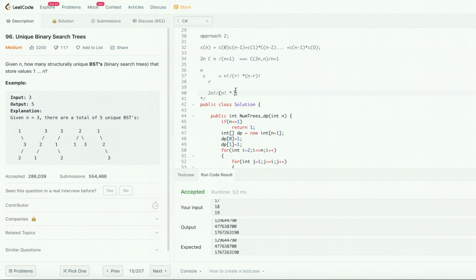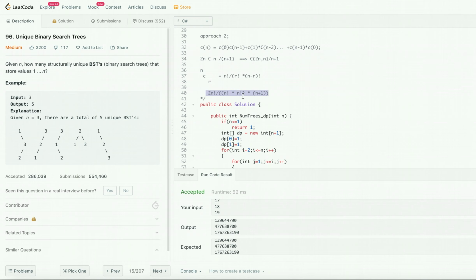So n factorial, one more time n factorial it will become, and there is a by n plus 1 here. So into n plus 1, right. So this whole thing will be under this as a denominator. So this is the formula that we will end up with.